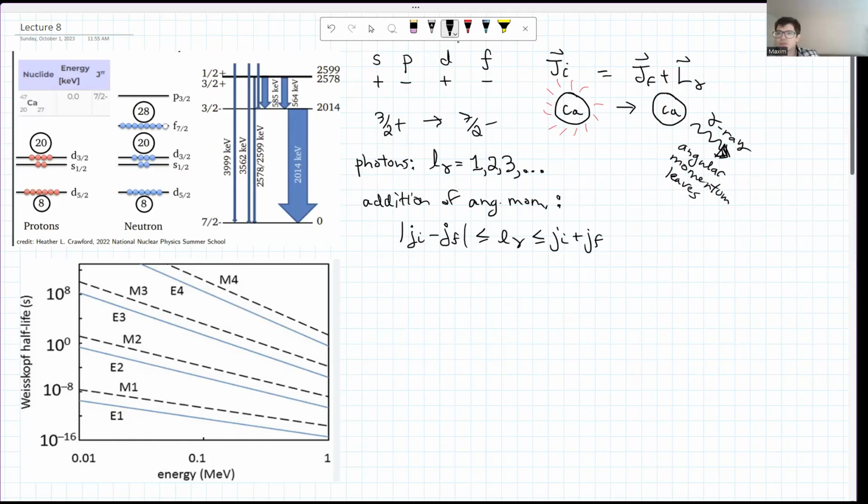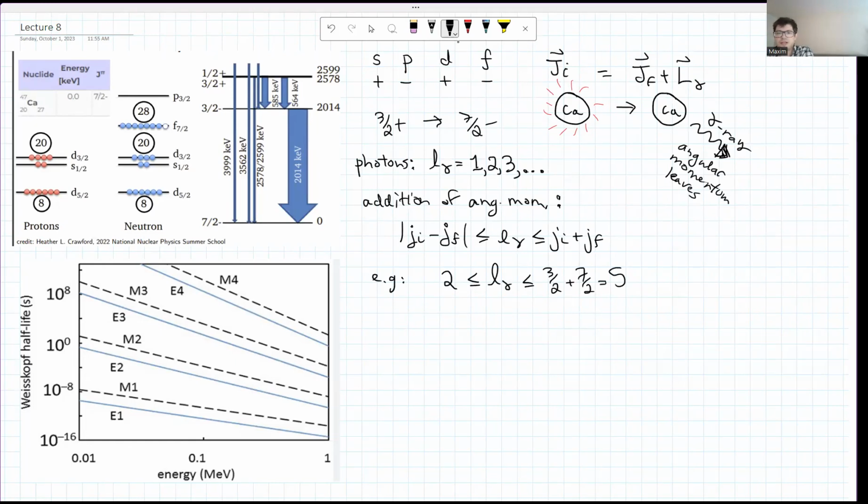So if we look at this 3/2 and 7/2 transition, we'll have 7/2 minus 3/2, so that's 2, less than or equal to L_gamma, less than or equal to 3 halves plus 7 halves, which is 5.